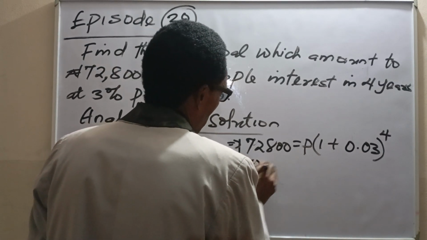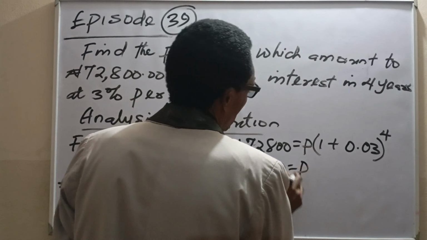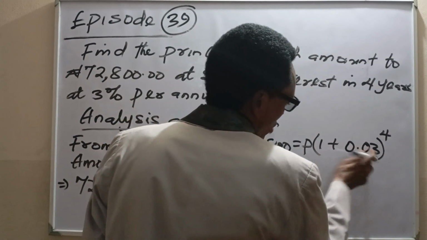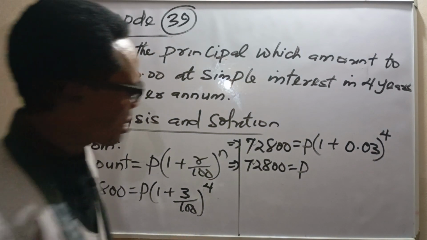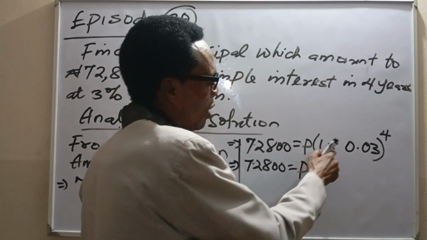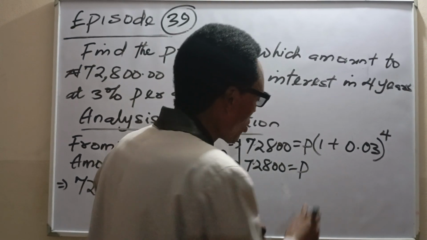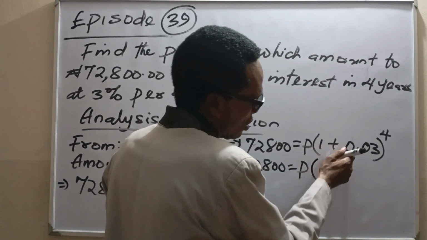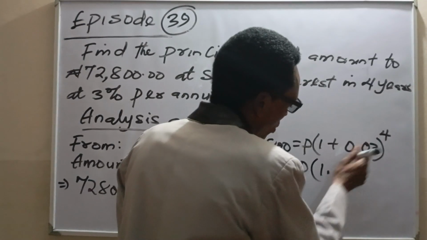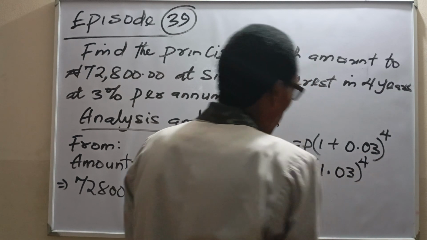So we add them together: 1 plus 0.03 gives 1.03, raised to the power of 4.